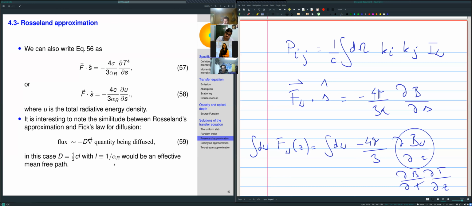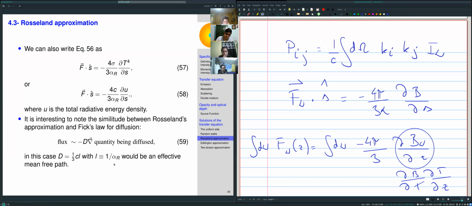It's a very important approximation, very often in use, and we have in the conclusion that the Rosseland approximation is a diffusion approximation for the energy density of radiation. So you have the energy density of radiation depends on position through the temperature.